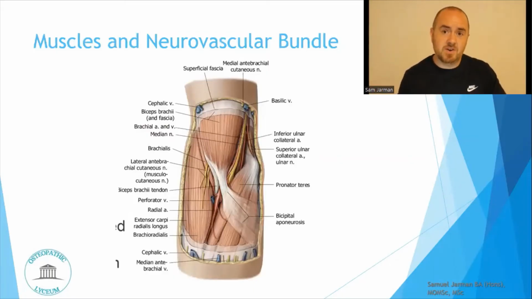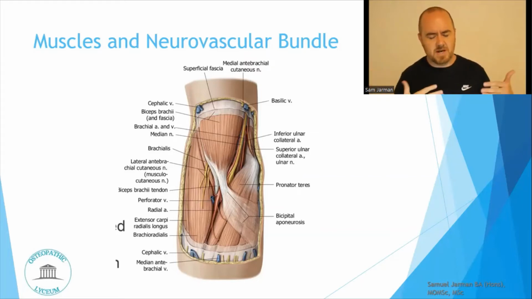Now, as far as the neurovascular bundle, this is actually the muscles and the neurovascular bundle together more or less in one slide. The muscles that are going to flex the elbow are the biceps brachii, brachialis, and the brachioradialis. The biceps brachii and the brachialis are going to receive motor tone from the musculocutaneous nerve, and then the brachioradialis is the radial nerve.